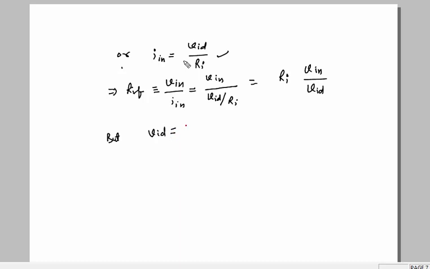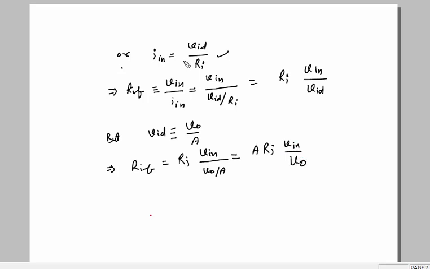By definition, VID is V naught by A, because V naught is defined as A into VID. So Rif will be Ri V in divided by V naught by A, or A Ri times V in by V naught.